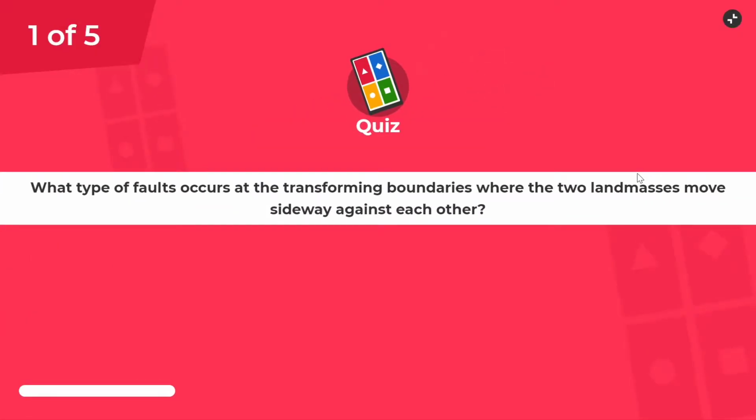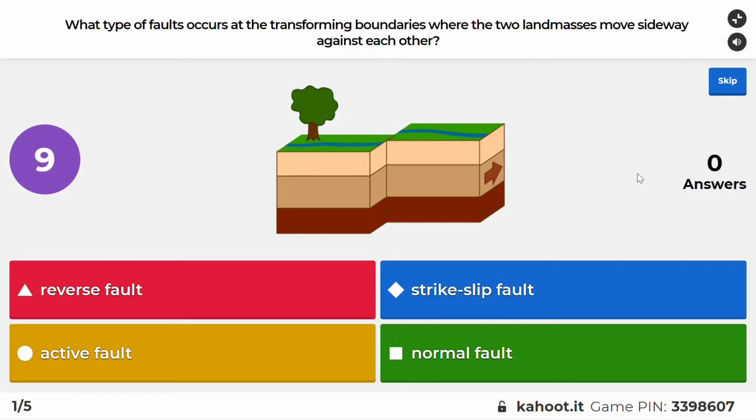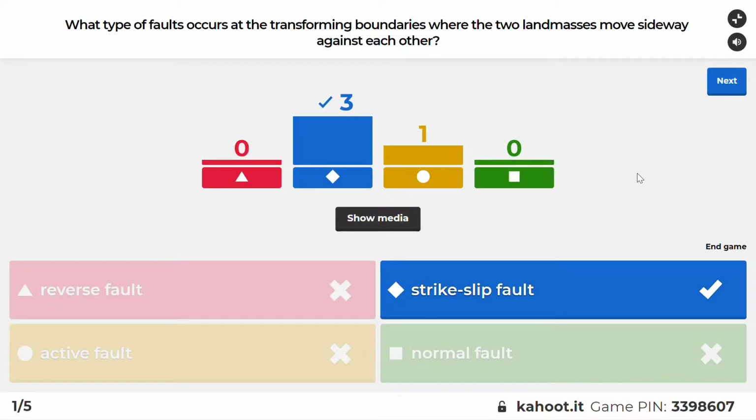What type of force occurs at the transforming boundaries where the two land masses move sideways against each other? Is it reverse fold, active fold, strike slip fold, or normal fold? The answer is strike slip fold.